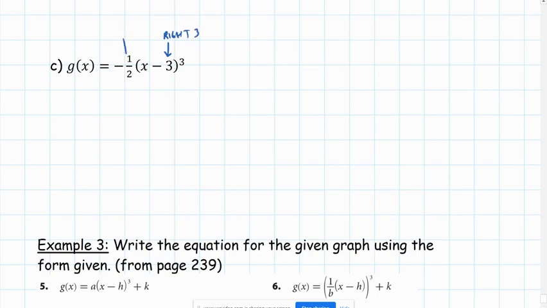So this is vertical compression. We'll get that by multiplying everything by 1/2, all the y values, that is, by 1/2. And then the negative sign is a vertical flip. And then right 3.